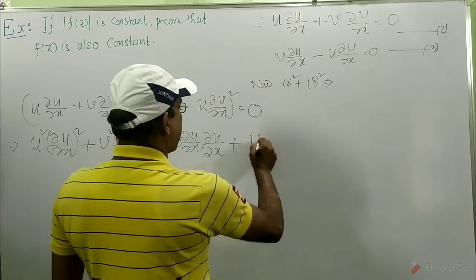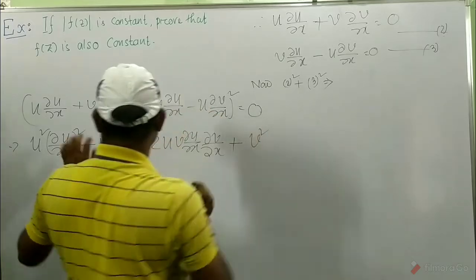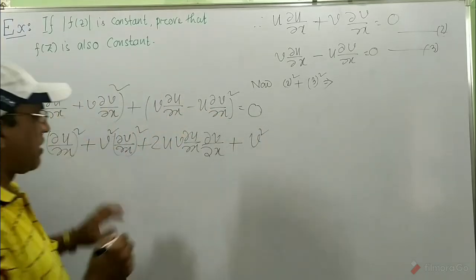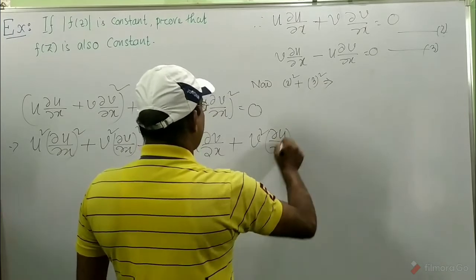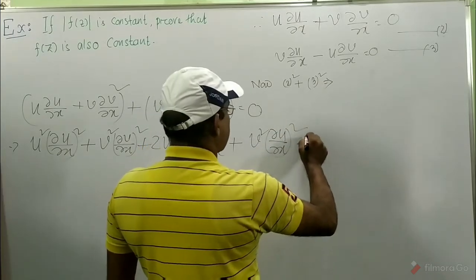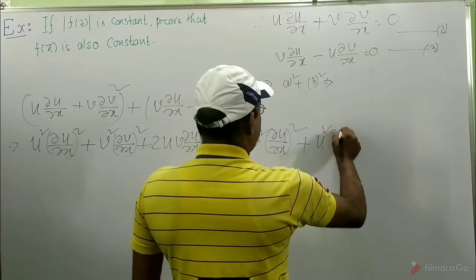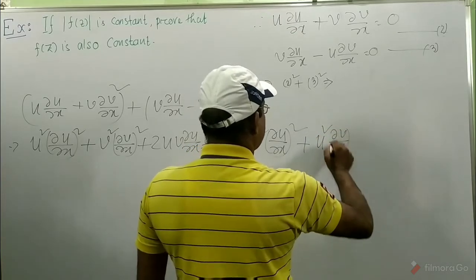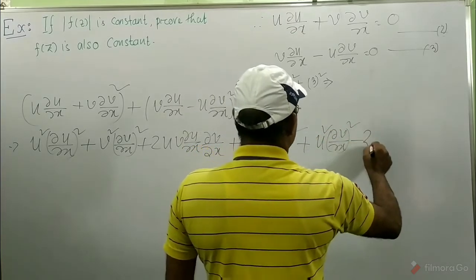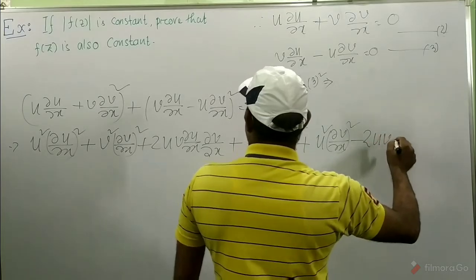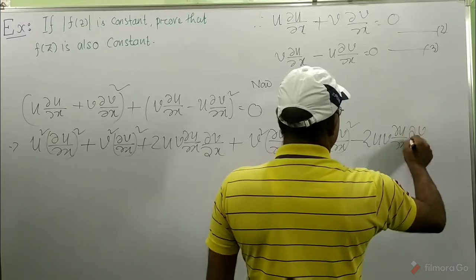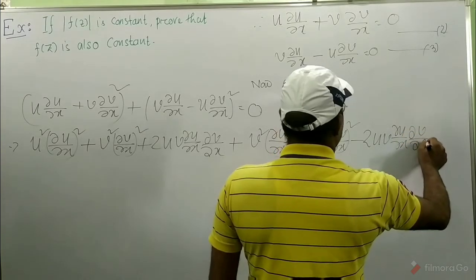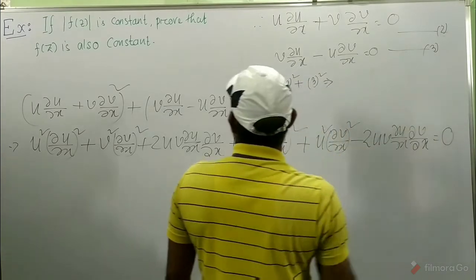So this will be u square (del u by del x) whole square, v square (del v by del x) whole square, minus twice uv del u by del x del v by del x equal to 0.